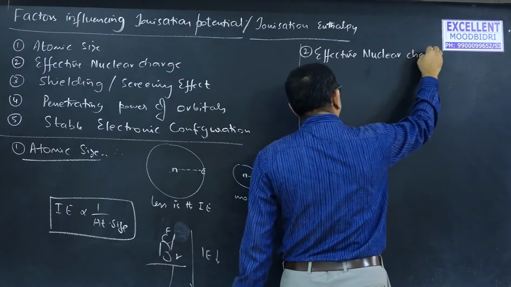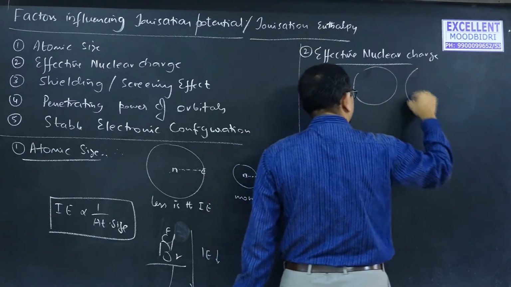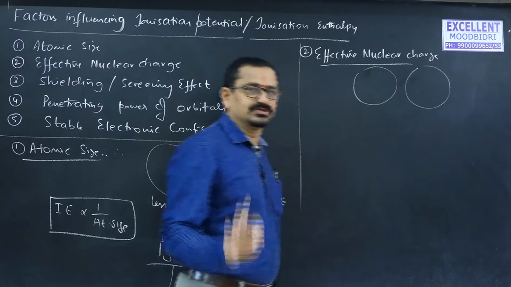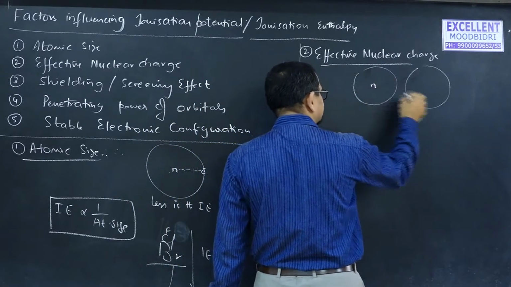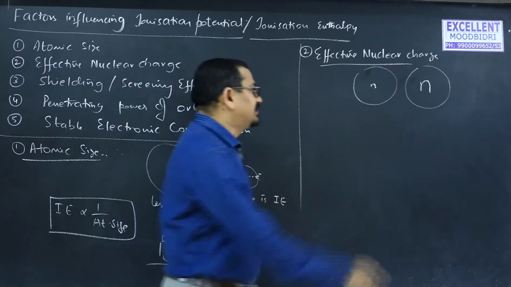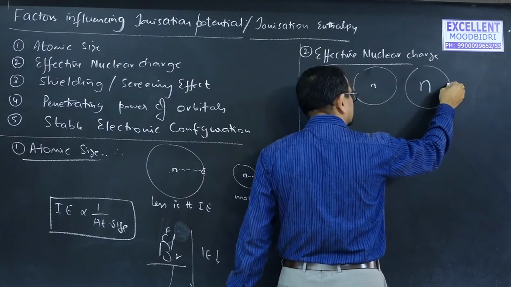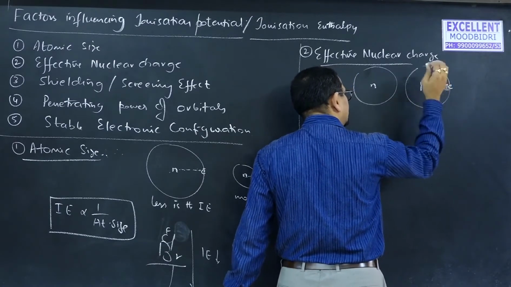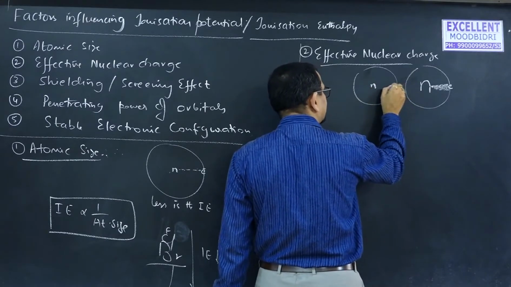We will discuss the next factor that affects the ionization enthalpy, that is effective nuclear charge. Consider two atoms of comparable atomic radius. Now in case this nuclear charge is less and this nuclear charge is more. When nuclear influence is more, electrons are strongly held to the nucleus. When nuclear charge is less, electrons are relatively weakly held.